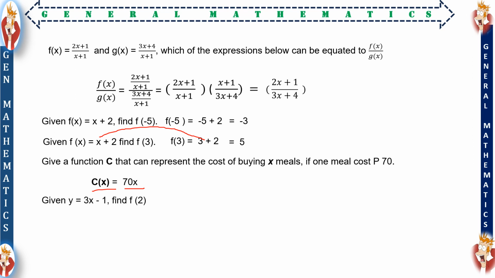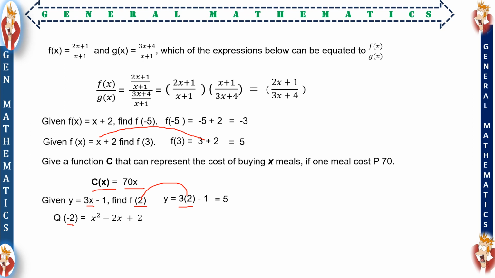Given y is equals to 3x minus 1, then ang ating value ng x is equals to 2. So, simple rin lang po, papalitan lang natin yung x ng 2. Multiply muna natin, that's equals to 6, minus 1, that's equals to 5. How about if we have q of x is equals to 3x squared minus x plus 2, where x is negative 2?